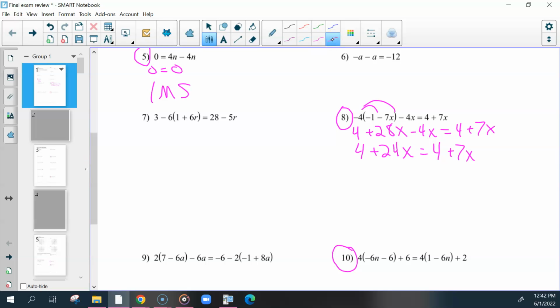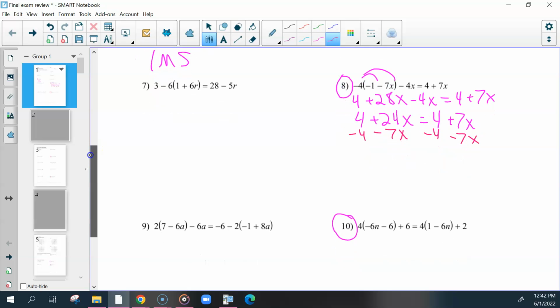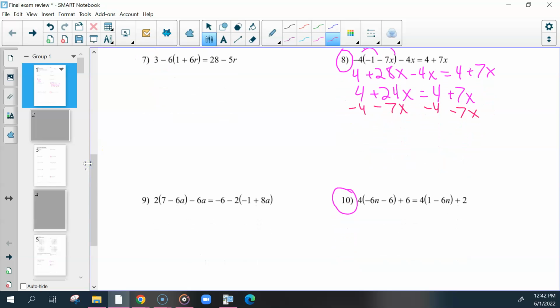You have a choice of what you want to move. I'm going to move 7x to the left and 4 to the right, by subtracting. So this would give me 17x equals 0.